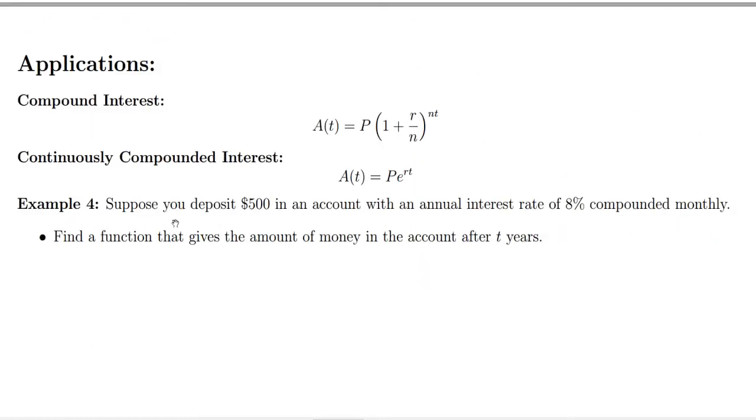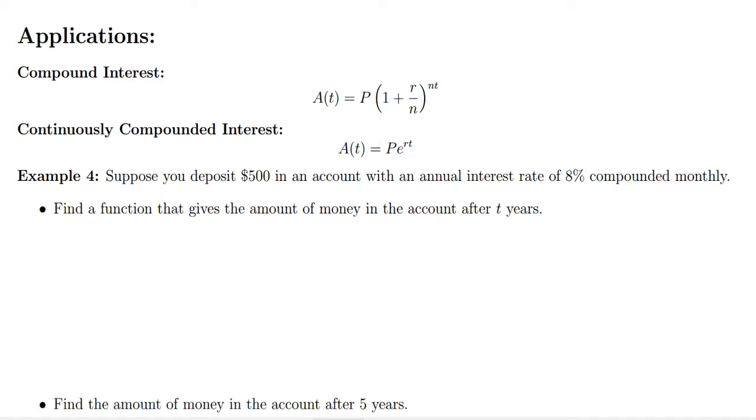So here's a very interesting application of exponential functions. So these are compounding interest functions. Okay, so let me explain what each of these variables are. So compound interest. So we have this formula, which is actually a function of t.